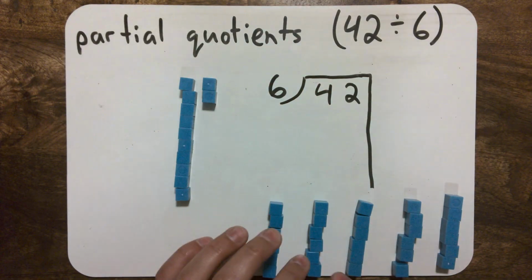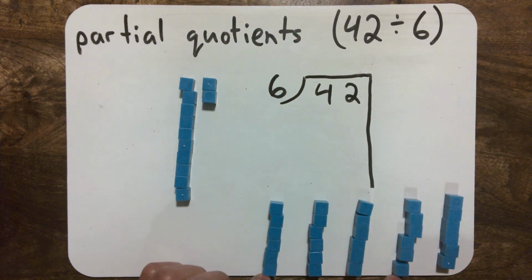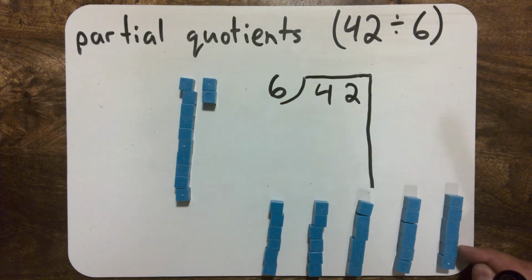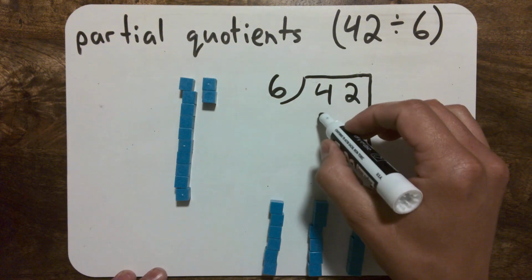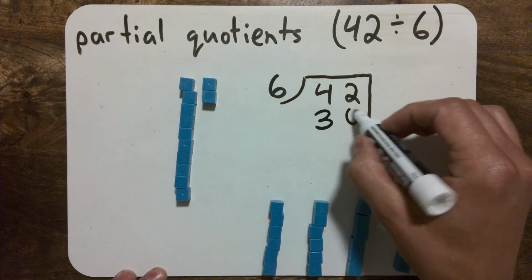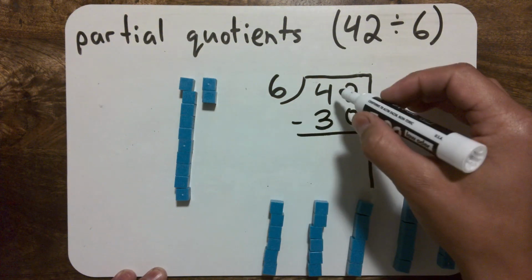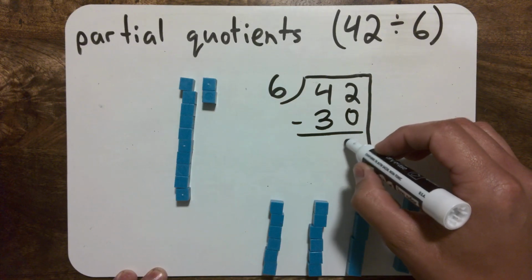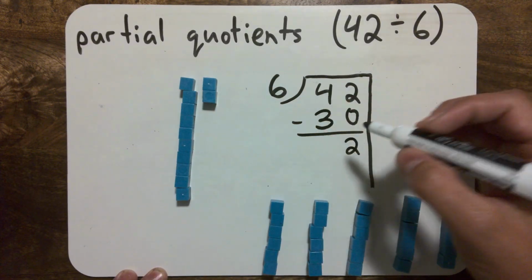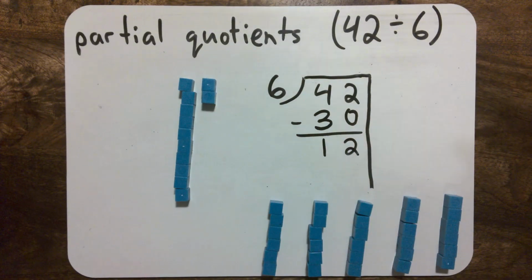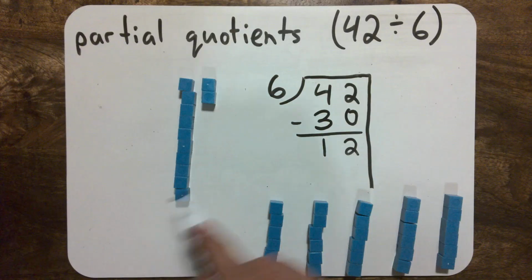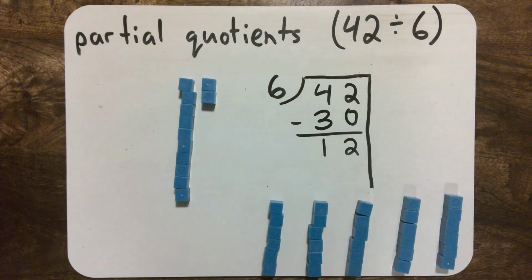So there I've taken away 30 from my original quantity of 42, and I've created 5 groups that have a size of 6. This is what we do in the algorithm then. We're going to take 42 minus 30, so 2 minus 0 is going to be 2, 4 minus 3 is going to be 1. And that 12 aligns with what we have remaining in our group.